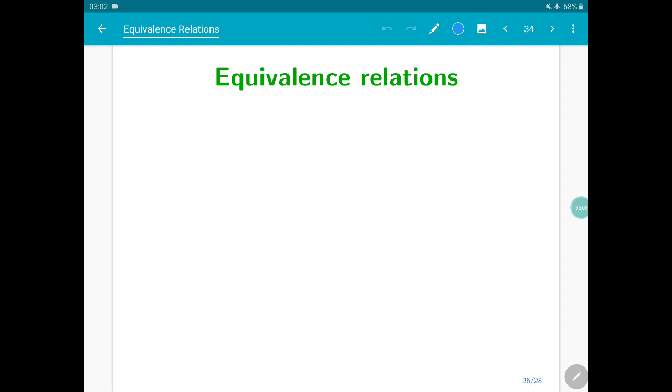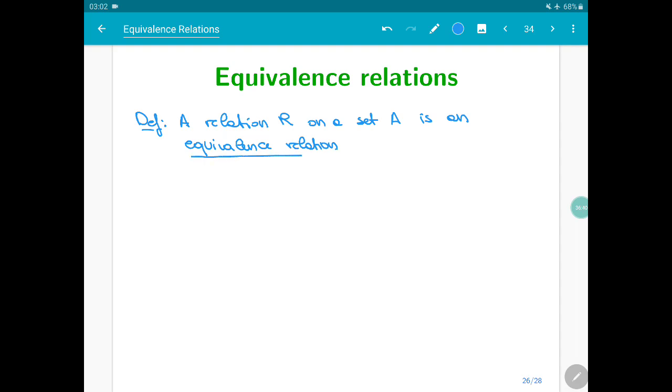Now, very easy, the last part. What is now an equivalence relation? Well, this is a definition. A relation R on a set A is an equivalence relation if all the following hold.